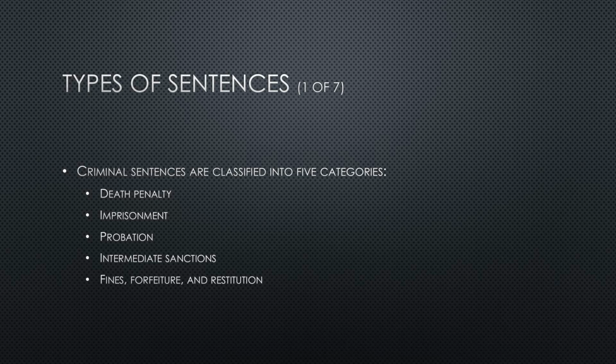So it can be for a human being on earth forever. Then there's probation, and that is widely used. And then there are intermediate sanctions, and then there are fines, forfeiture, and restitution that typically have to do with value of property or cash. We'll take a short look at each one of those.